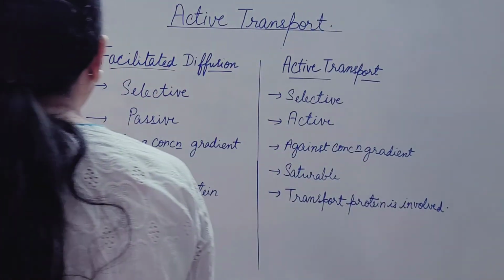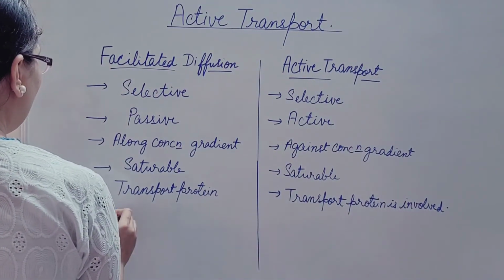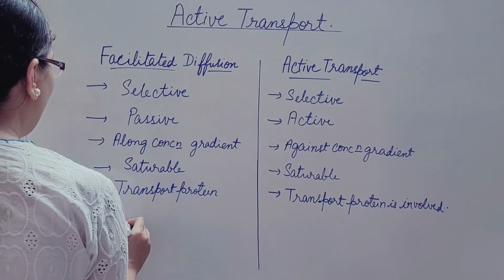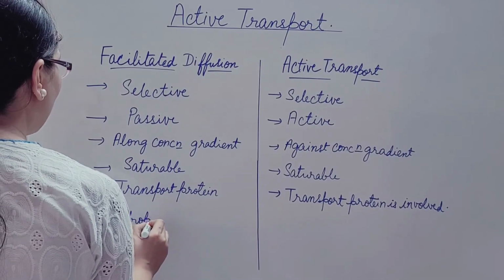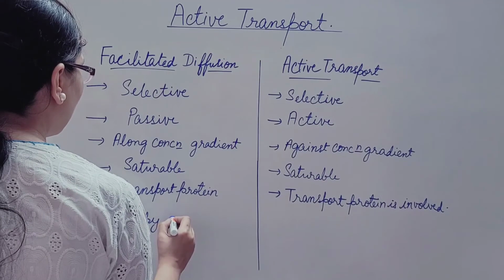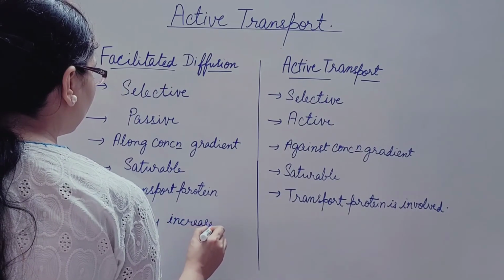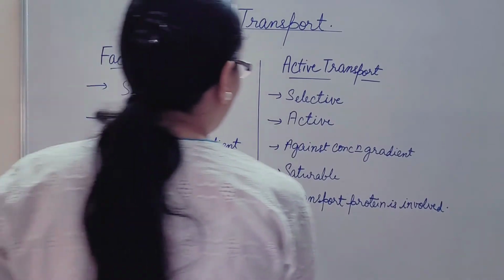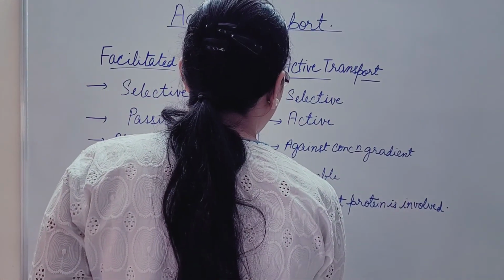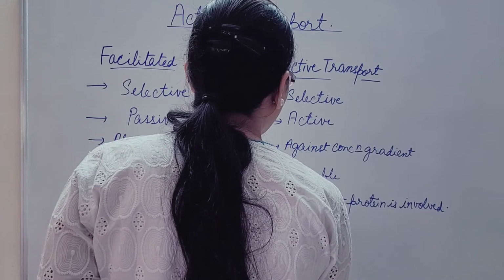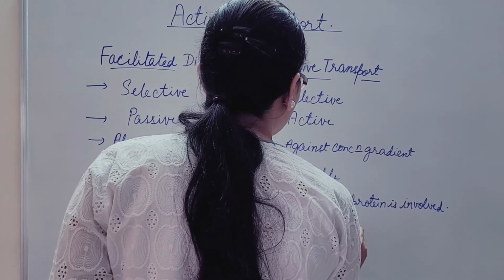In facilitated diffusion, entropy increases. In active transport, entropy decreases.